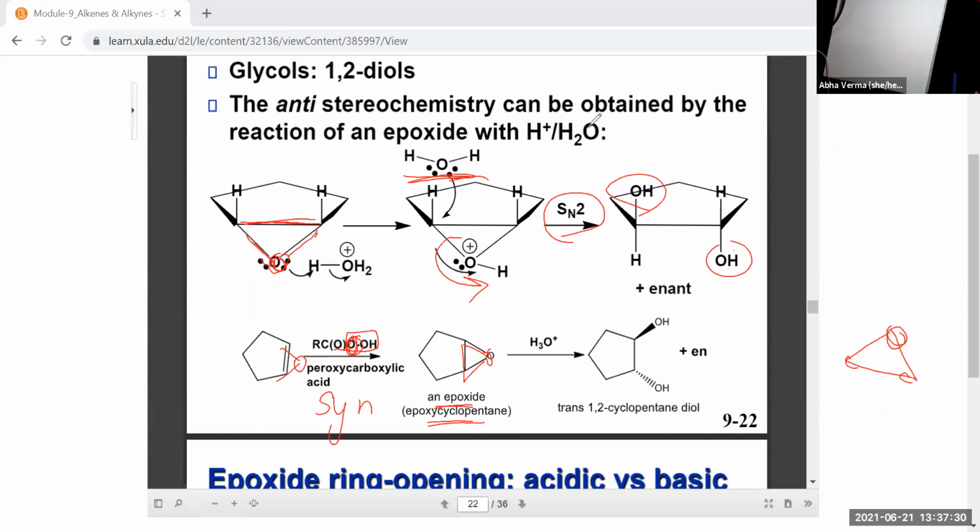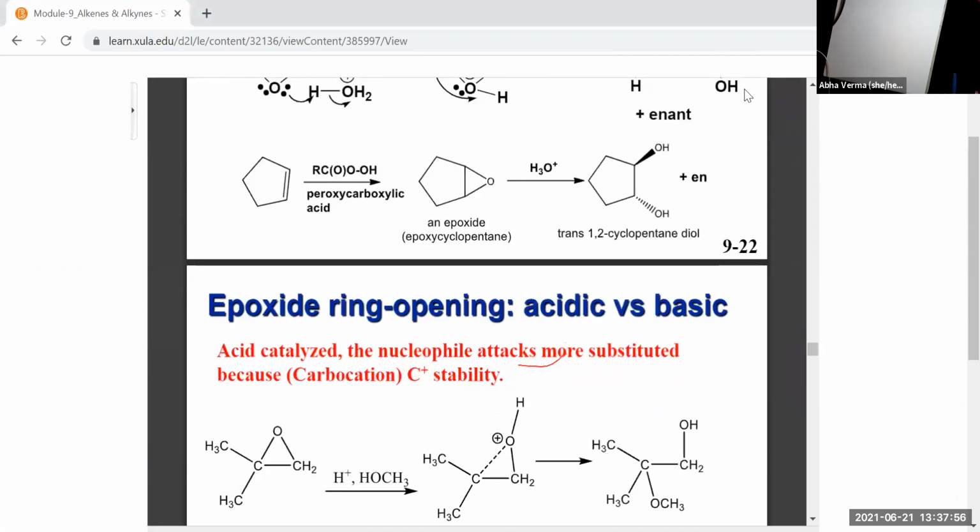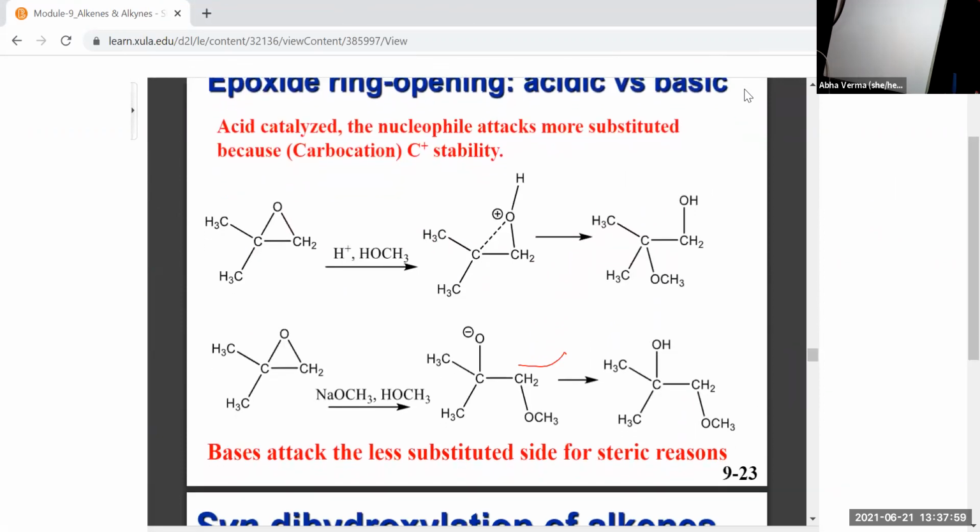From across the alkene. But when you do the addition of an alcohol or a dilute acid, that is completely anti; the stereochemistry is anti. You cannot control the regiochemistry in here. But if you have acidic conditions, the regiochemistry is Markovnikov's. When you have basic conditions, then your regiochemistry will be anti-Markovnikov's.